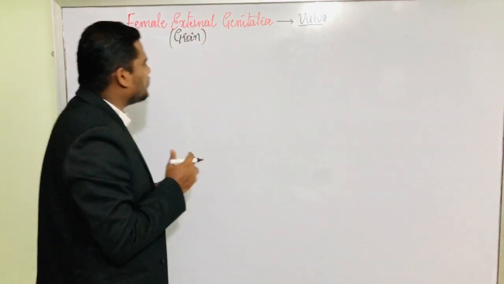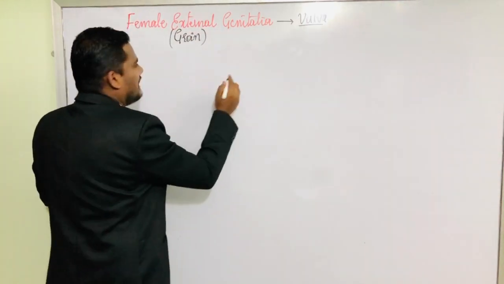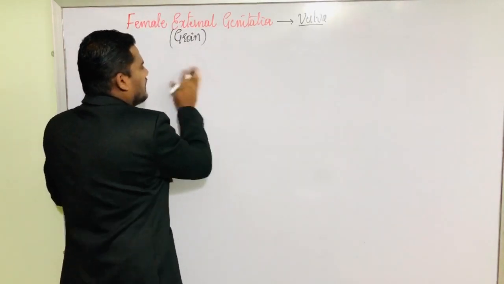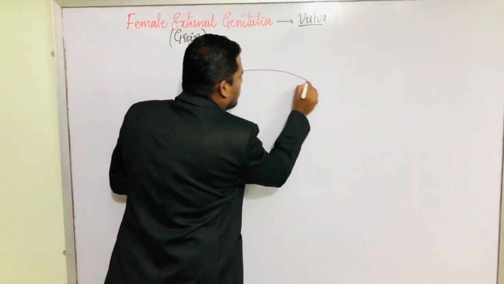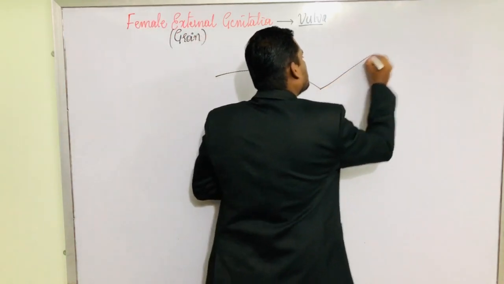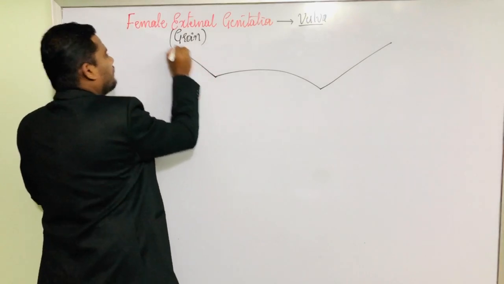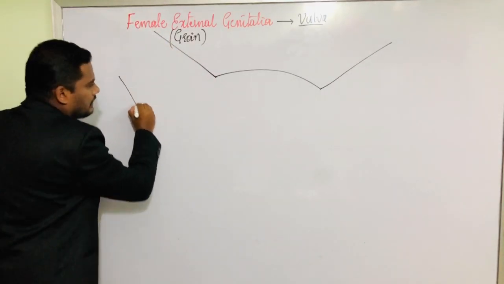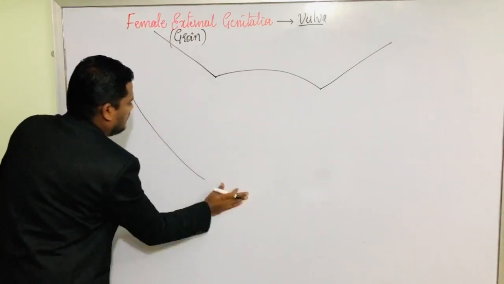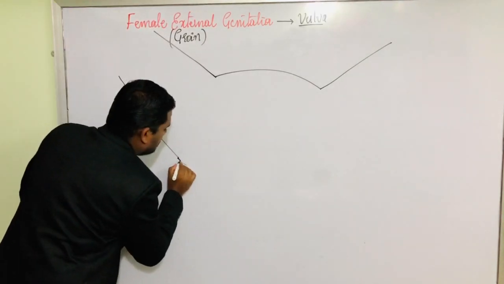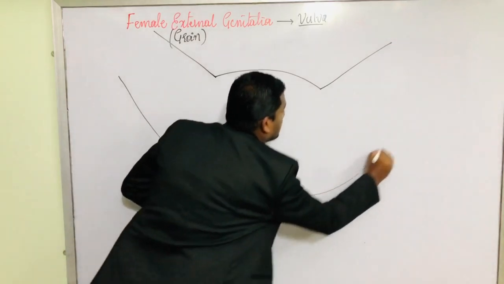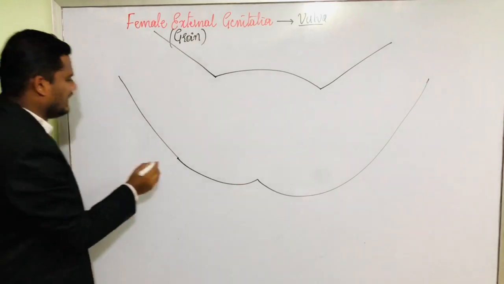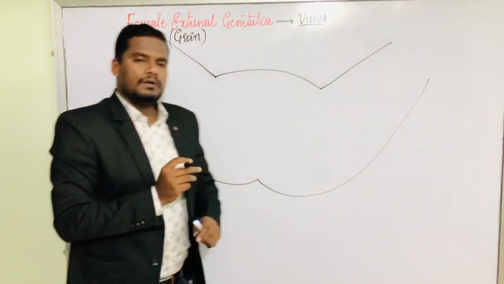Now, let us try to understand the external genitalia. Let us draw the outer view of the external genitalia. This is how the external genitalia looks in case of females.